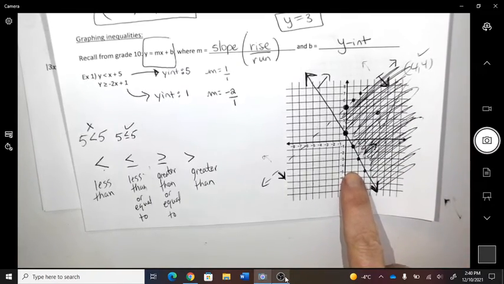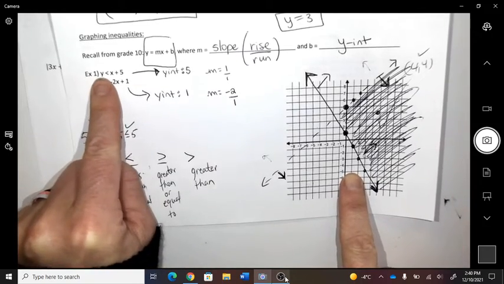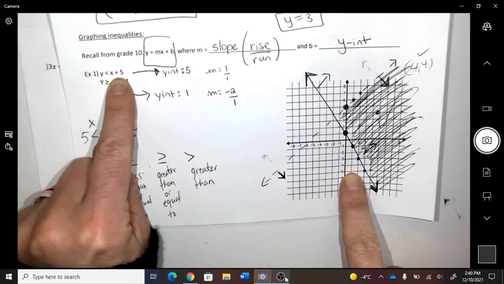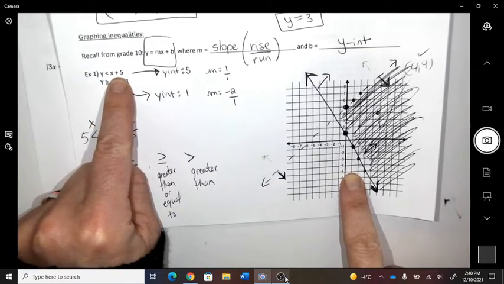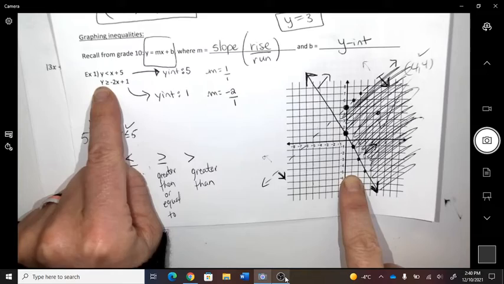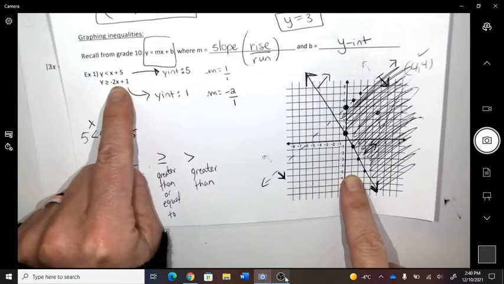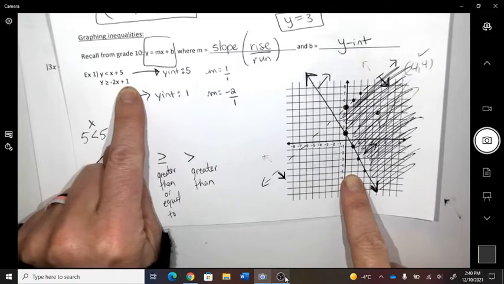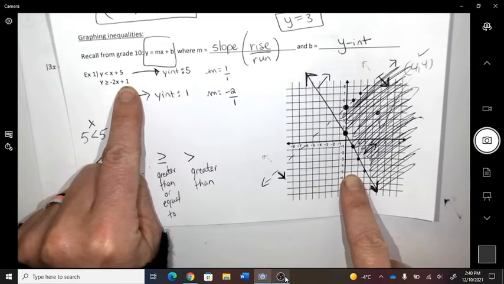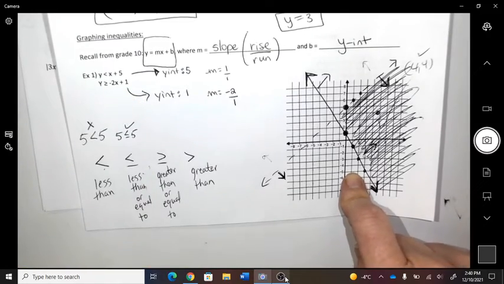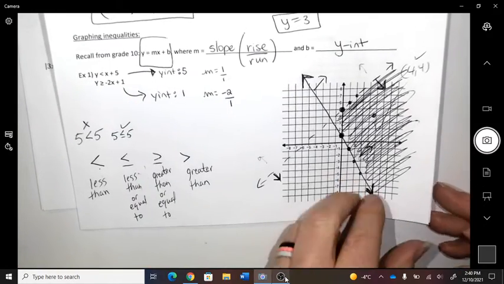It's not a solution. Okay, ready? Plugging it in. Is negative 5 less than 1 plus 5? Yes. Is negative 5 greater than or equal to negative 2 times 1 plus 1? No. So therefore, that coordinate didn't work for both of them. They have to work for both of them.